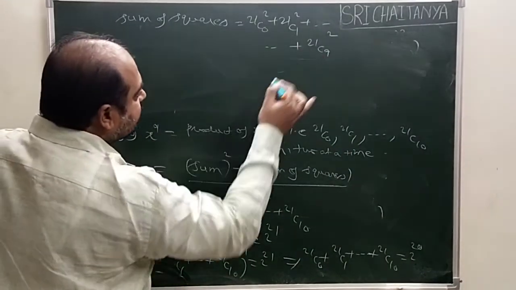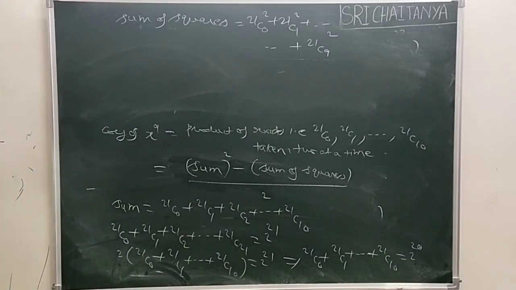Again, this is not till 21C21 square. If that were there, you have the formula 2NCN.